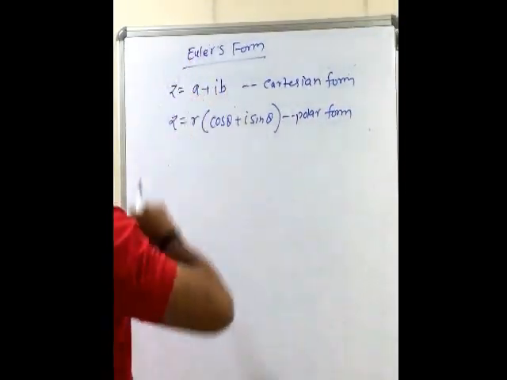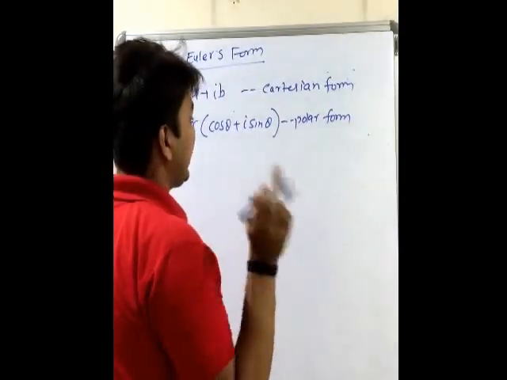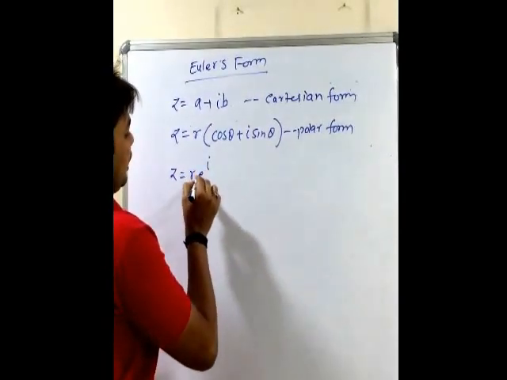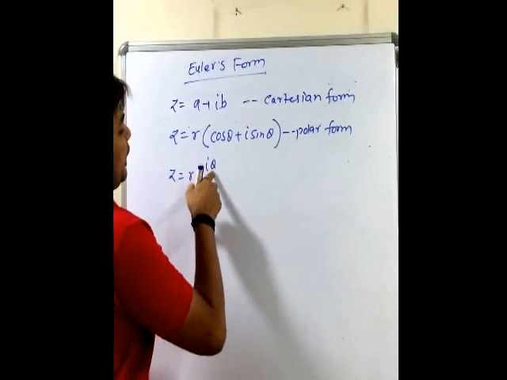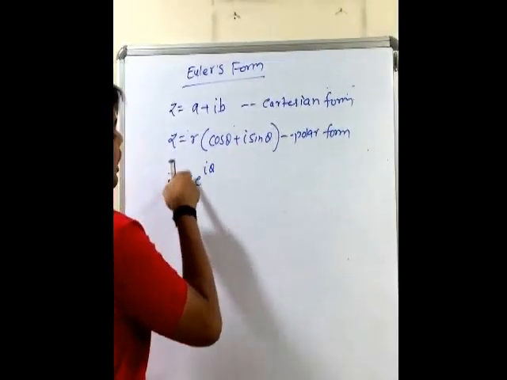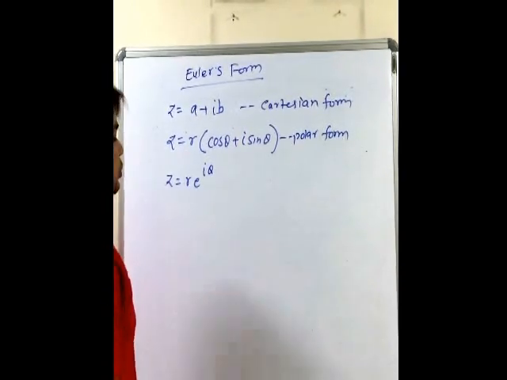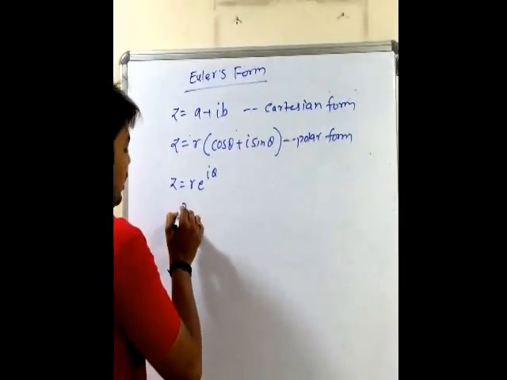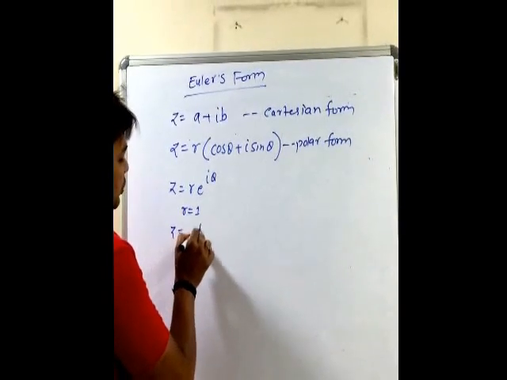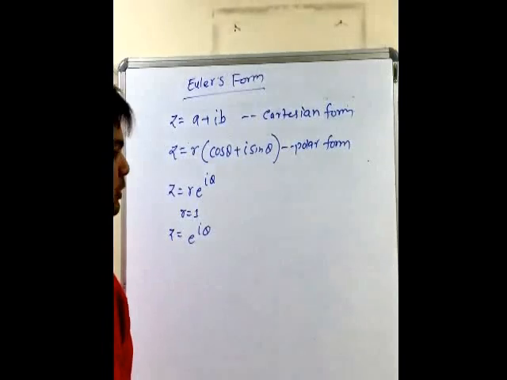Now next we have the Euler form. What is Euler form? It is nothing but the exponential form. That is z is equal to r into e raised to i theta, where theta is the argument and r is the modulus. Suppose we have r equal to 1, so it will become z is equal to e raised to i theta, right?